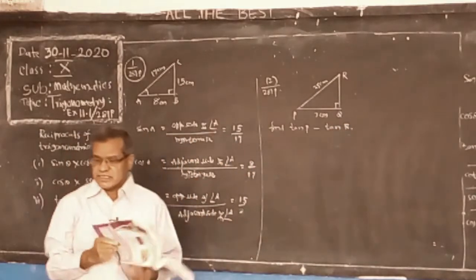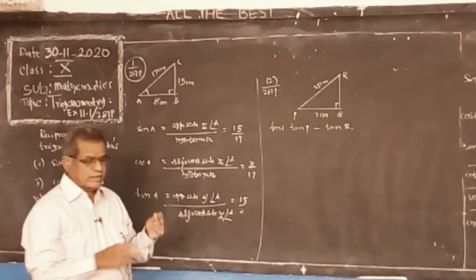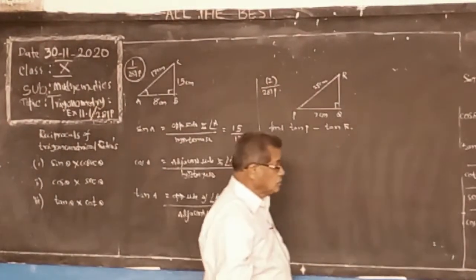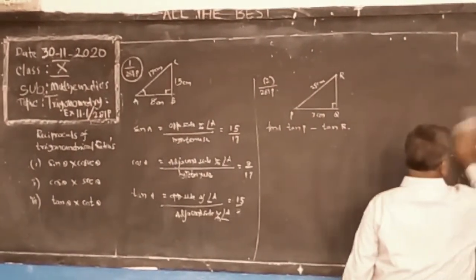Here only two sides are given. According to Pythagoras theorem, we have to find the third side. Third side, I will give you the table of Pythagorean triplets.